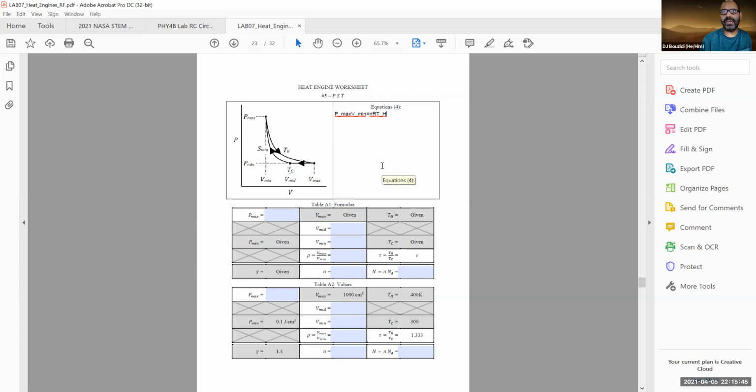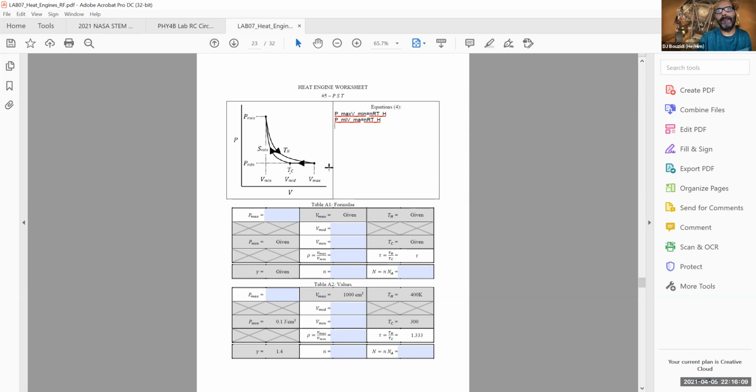For the second point, P_min times V_max. Okay, this point is going to be the same thing, nRT hot, because it's an isothermal process. Temperature is the same, T hot.